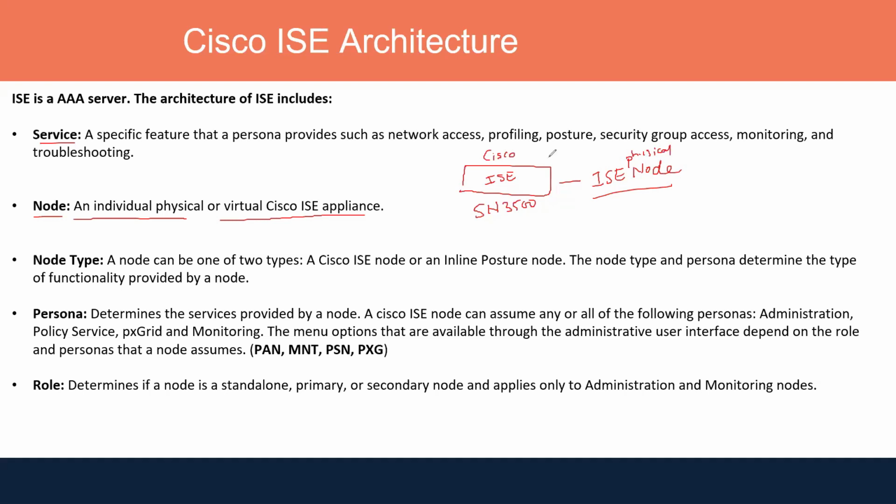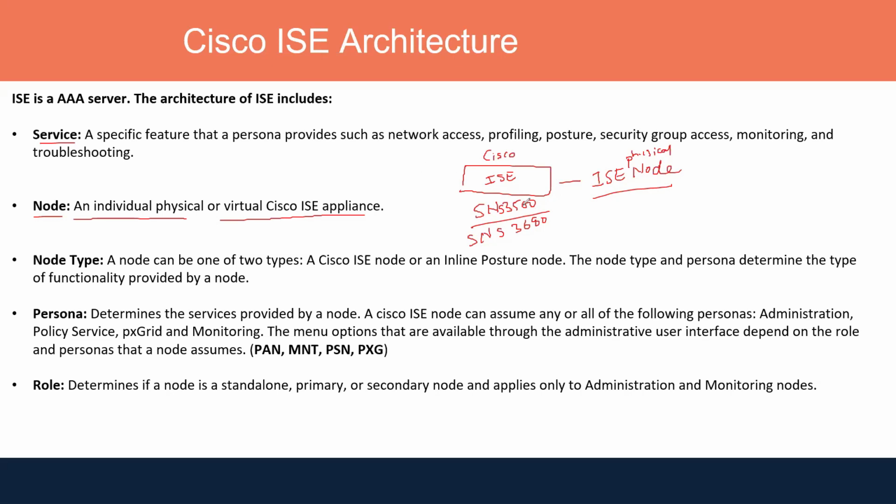You can purchase ISE as a physical appliance. We have different models like SNS 3500, SNS 3600; there are different models available from Cisco. But the Cisco ISE device itself is known as a node.